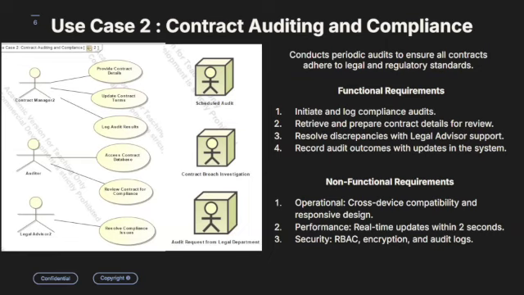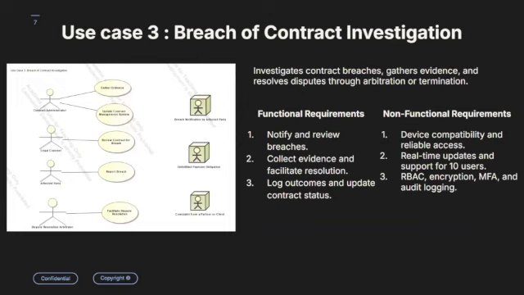Moving on to the third use case, which is a breach of contract investigation. We have 4 actors as well as 3 main triggers for this process. The 4 actors being the affected party, the contract administrator, legal counsel, and dispute resolution arbitrator. The triggers being the breach notification by the affected party, unfulfilled payment obligation, and a complaint from a partner or a client.